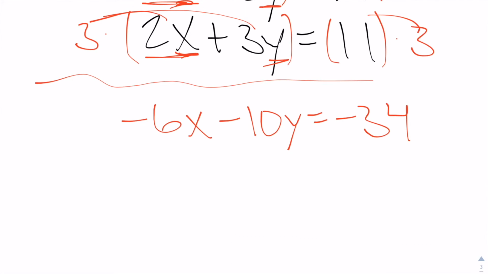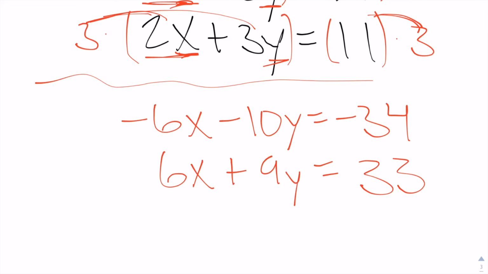Now we're going to do the bottom equation. 3 times 2 is 6x. 3 times 3 is plus 9y equals 3 times 11. I'm sorry, guys. 3 times 11 is 33. And now we're just going to add across. Or I'm sorry, top down.